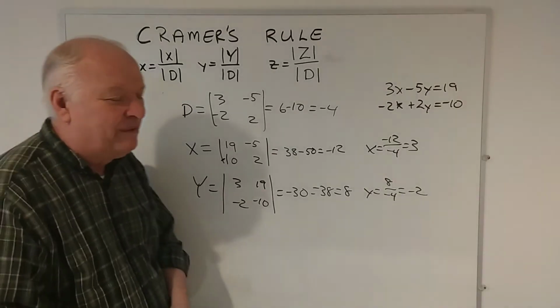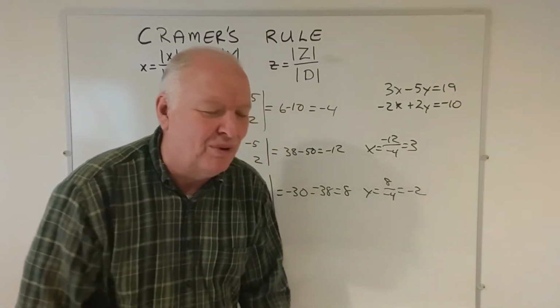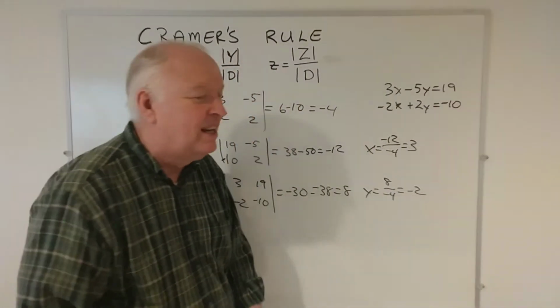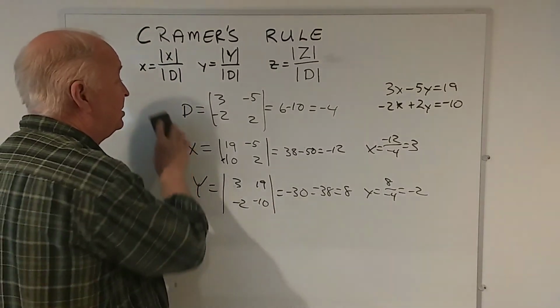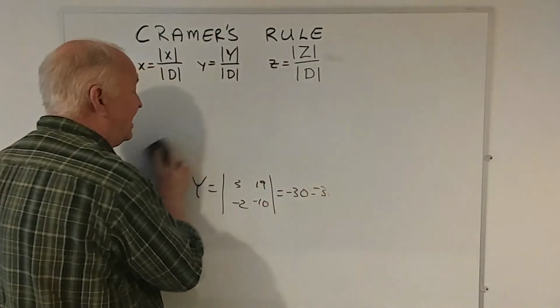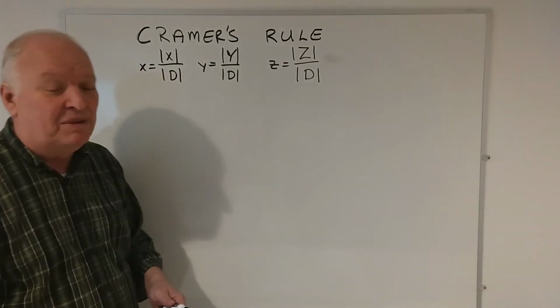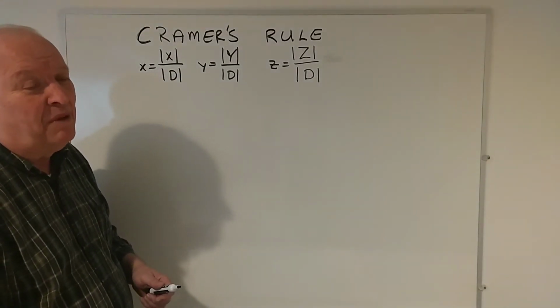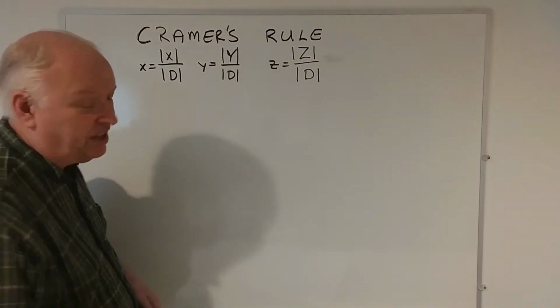So, it looks like it should be easy, but you have to be really careful with your arithmetic and your positive and negative signs, and it's a lot of calculations. So, again, when you start getting into bigger matrices, sometimes it's easier to just type the matrices into the calculator and calculate the determinants there. But let's take this system.